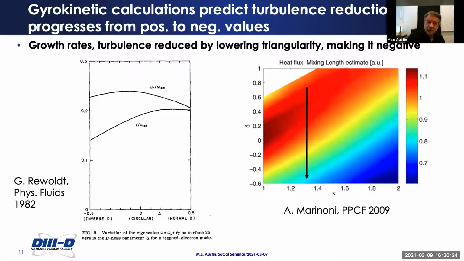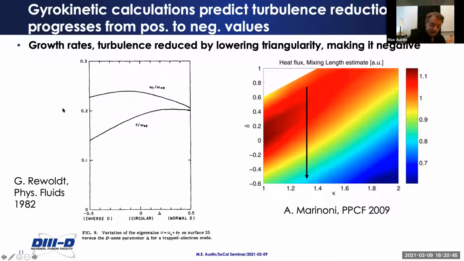And gyrokinetic calculations predict turbulence reduction as triangularity progresses from positive to negative values. Shown here on the left is a plot from a paper by Greg Rewoldt, 1982.